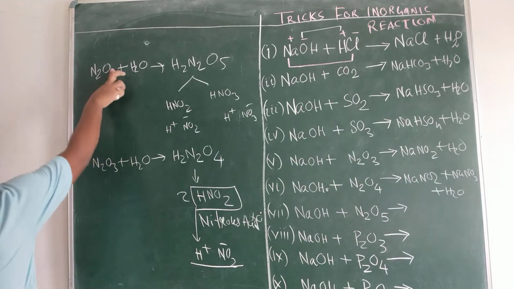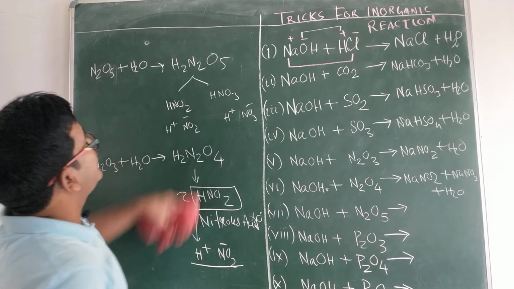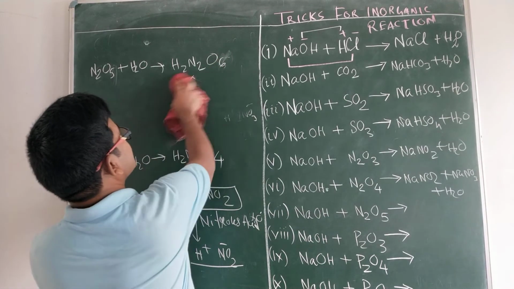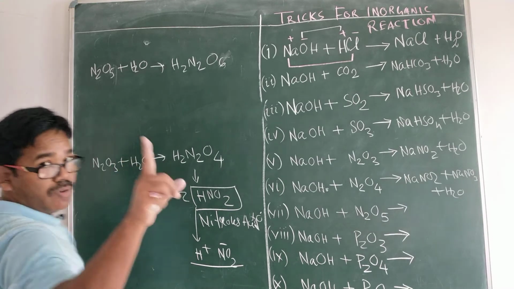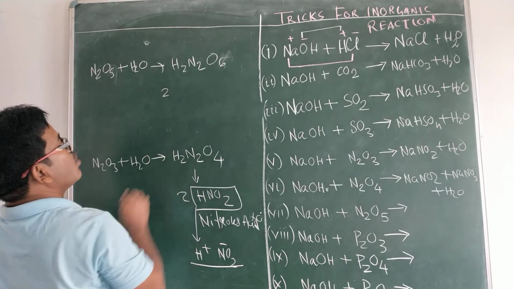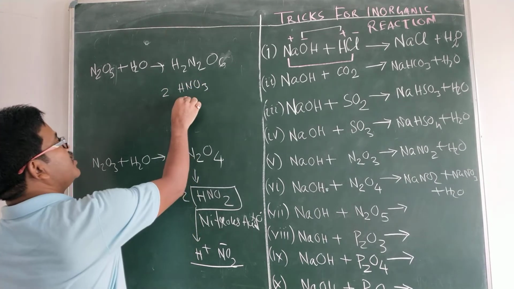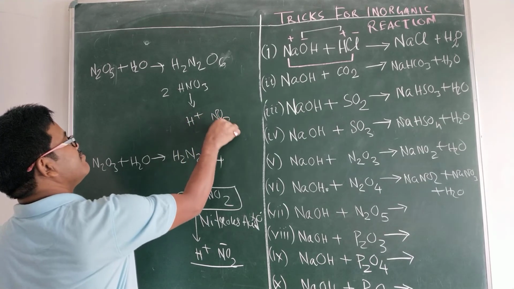Similarly, you can try the next one. N2O5. What will happen? H2N2O6. Am I right? Here there is a common factor. What is the common factor? 2 is the common factor. If I take the 2 common, I can write HNO3. This HNO3 can be written as H plus and NO3 minus.